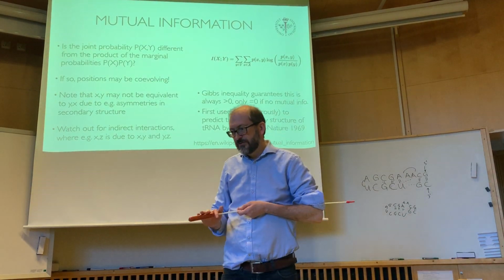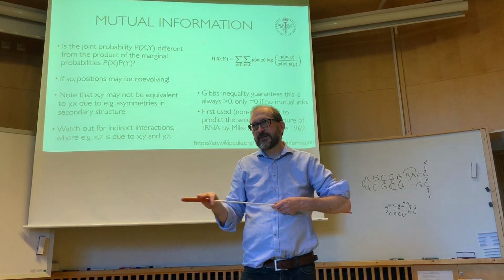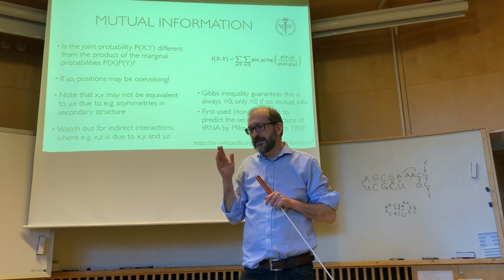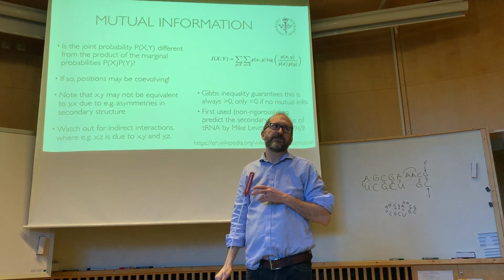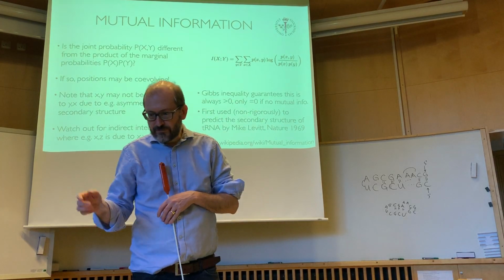Okay, so then we have mutual information, and like I say, this is a really, really strong method for RNA. Basically 90% of secondary structure predictions for RNA are done with mutual information, or some co-evolutionary calculation.